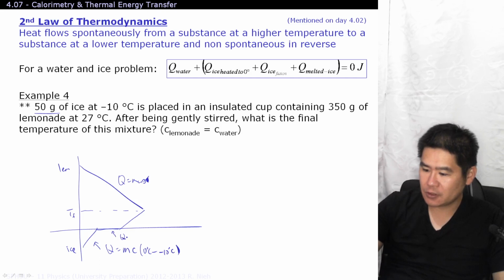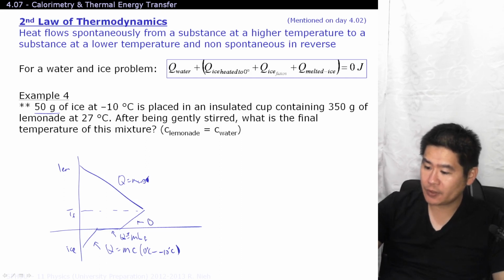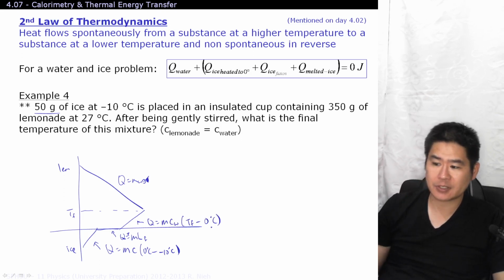Then you have to take care of the Q is equal to mLF, positive because you're melting the ice cube. And then for this one over here, you have Q is equal to m, heat capacity of water, final temperature we're looking for, but don't forget it started off at a frigid 0 degrees Celsius.